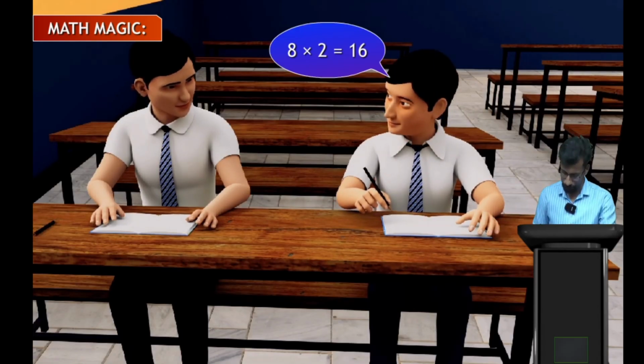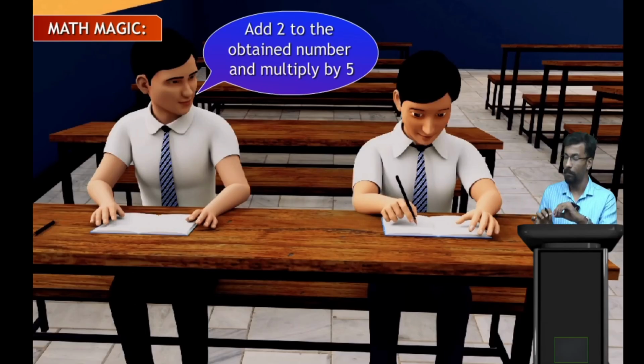Easy. Then he says add 2 to the obtained number and then multiply it by 5. So what's the procedure, students? We add 2 to the obtained number and then multiply it by 5.